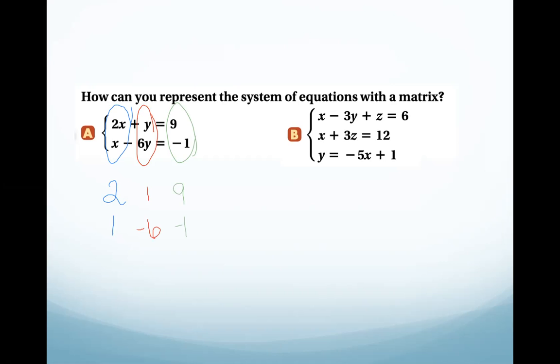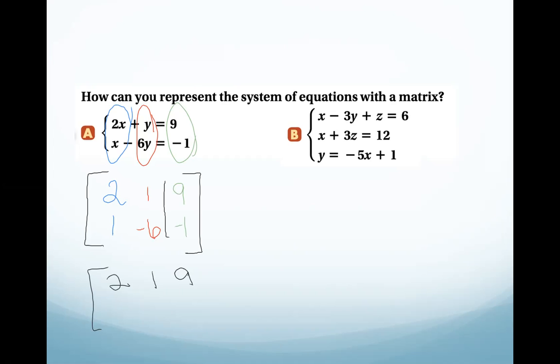And then in order to denote that this is a matrix, we're going to put kind of this square bracket around the outsides. And then optionally, we can put this bar down the middle, where the equal signs was. Now, the vertical bar that replaces the equal signs is completely optional, and most calculators do not have that feature.